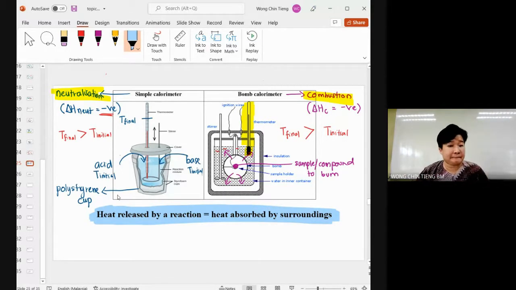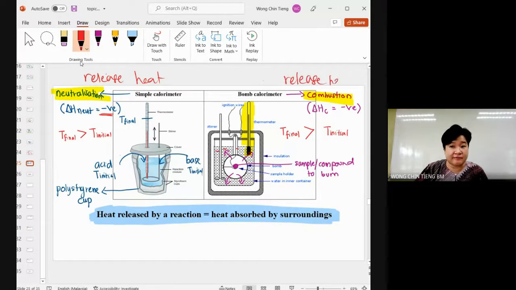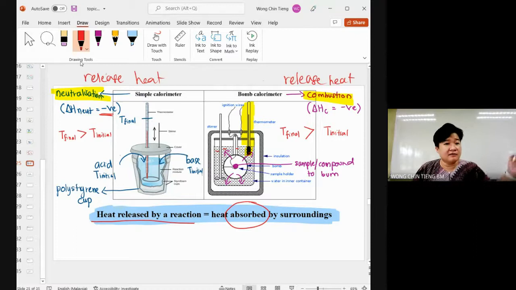Same thing. We say that neutralization will always release heat. We say that combustion will always release heat. Betul? So the question is, the heat released by the reaction must be absorbed by somebody. Haba yang dibebaskan, siapa ambil? There must be somebody that is going to absorb the heat.